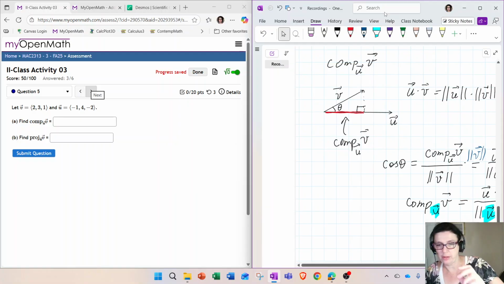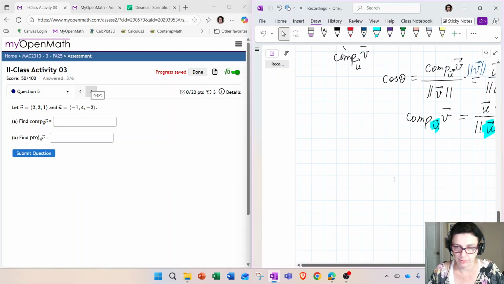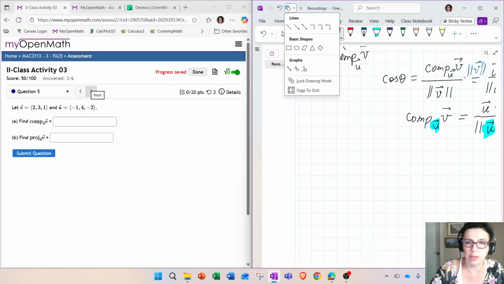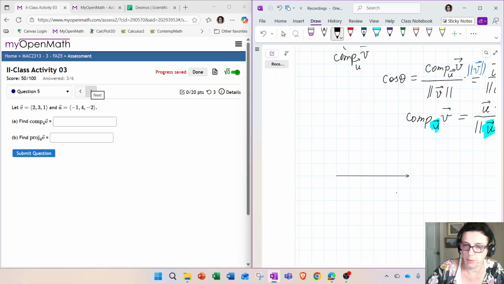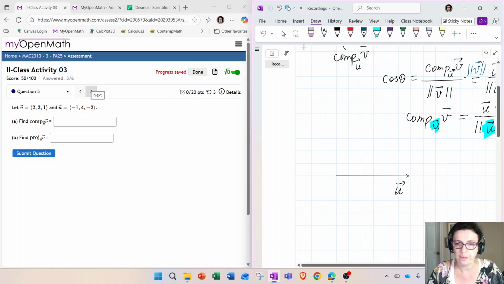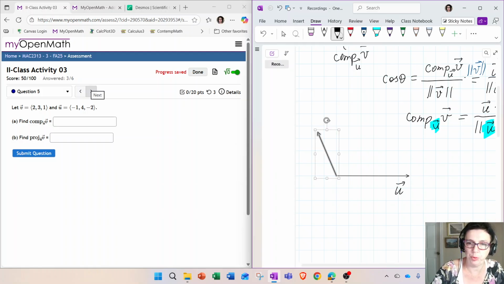Now, one other thing: the component could actually be negative. And how can that happen? Well, imagine that you have two vectors again, but this time the angle between them is obtuse. So you have one vector, this is u, and then another vector v, like this, so that there's an obtuse angle.